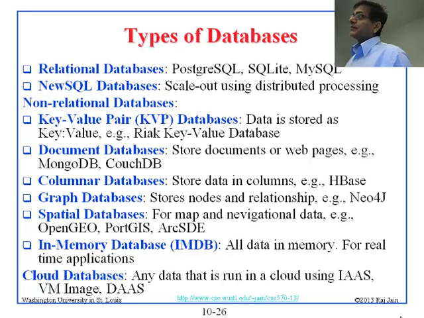There are graph databases, which store nodes and relationships, which store graphs. Why do you need to store graphs? Anybody know? Any example of where you really need to know the graph? For search, you do the graph storage, then you can do faster search.